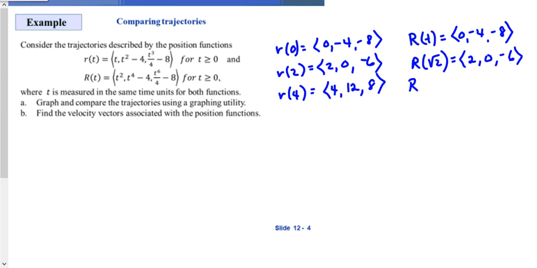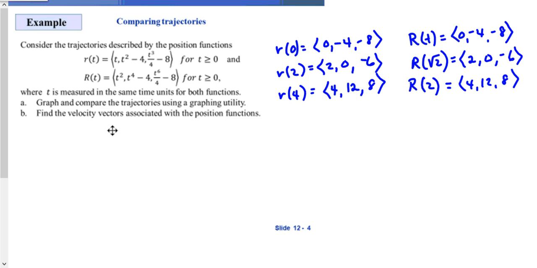And now let's look at R of 4. Or 2, R of 2. Four, 12, 8. Notice, based on the t values that I chose, the same points are on the graph.